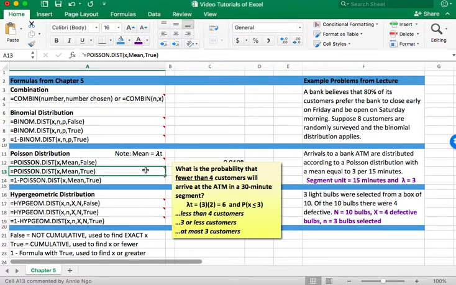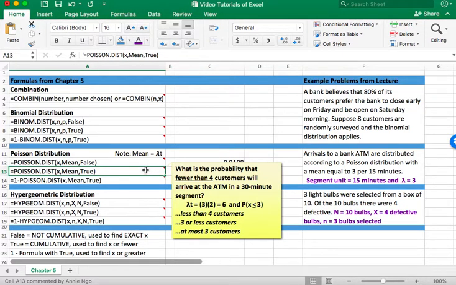Now you'll also note below in italics, I've also written a few other ways you can say the same thing in a word problem. Fewer than 4 customers can also be stated as less than 4 customers, 3 or less customers, or at most 3 customers. So here you have to apply critical thinking to figure out and interpret what the problem is asking for so that you can rewrite it as a probability statement. In this case, p of x is equal or less than 3.